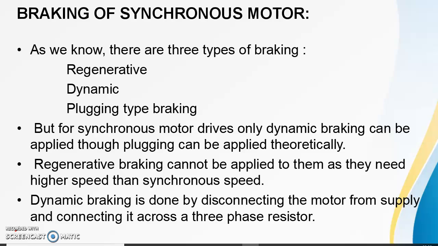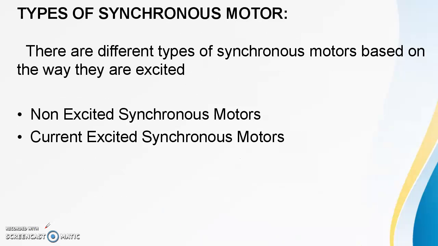And now we are going to see about the types of synchronous motor. There are different types of synchronous motor. We are going to see the types of synchronous motor based on the way they are excited. First one, non-excited synchronous motor, and another one is current excited synchronous motor.